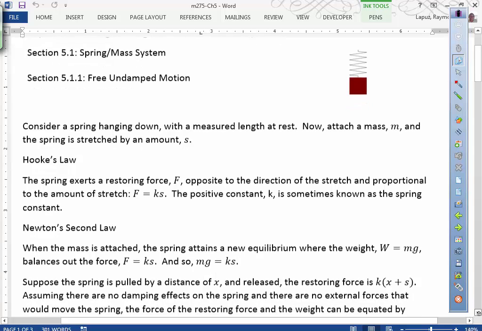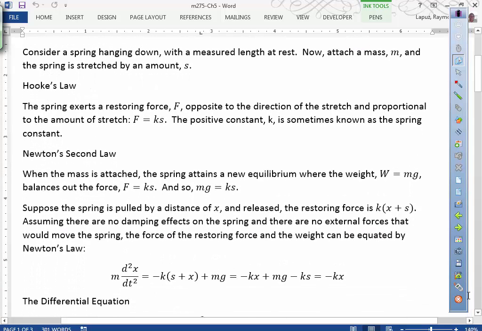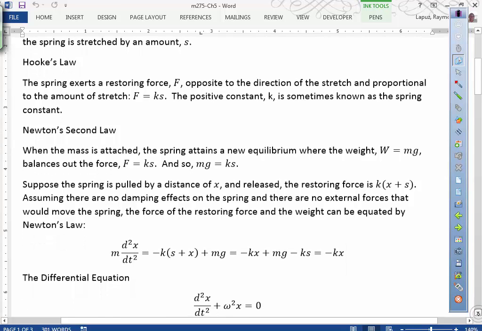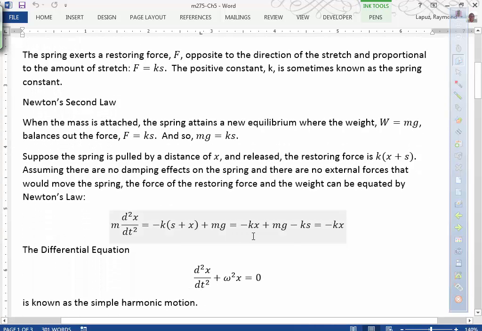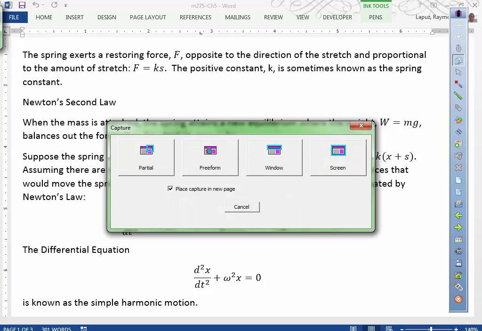And the damping, well, let me just copy this.